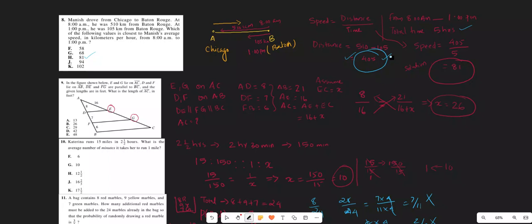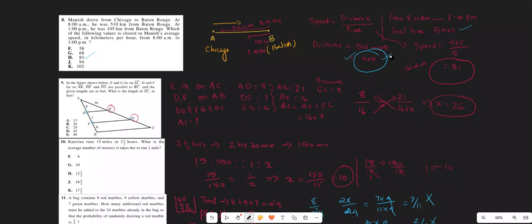E and G, 2 points on this line AC, and D and F lie on AB. D and F, these 2 points, and the given lengths are in feet. What is the length of AC? AC is the distance from A to C.